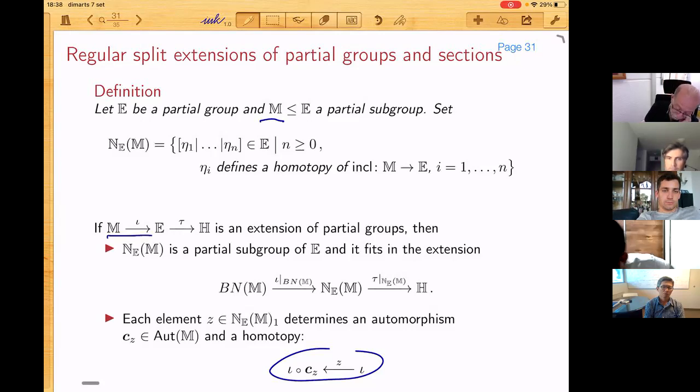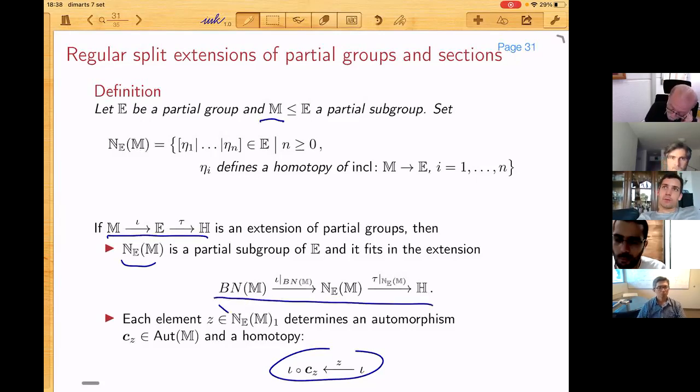So when we have an extension of partial groups, it happens that this is a subgroup in E, or sub-partial group in E, and we do have an extension like this again. So this is inside M, and sorry, there is some typo here, oh no, it's okay.